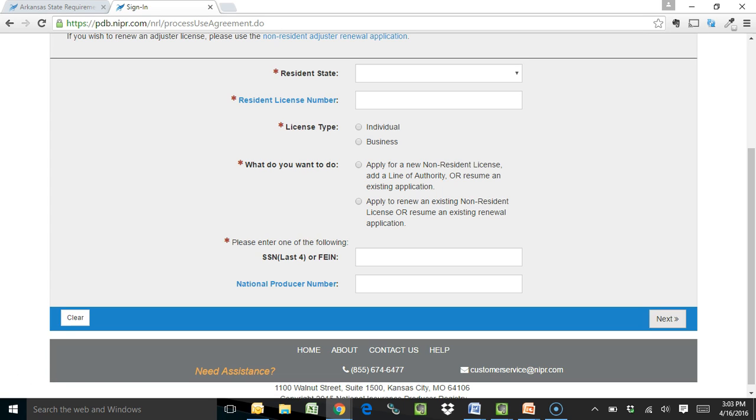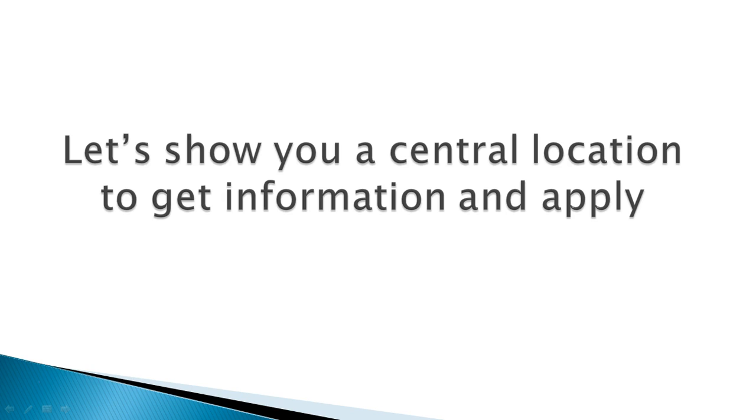Click next and basically just follow the bouncing ball, and you'd be applying for that new state to get your non-resident license. So just a few things just to go over here.